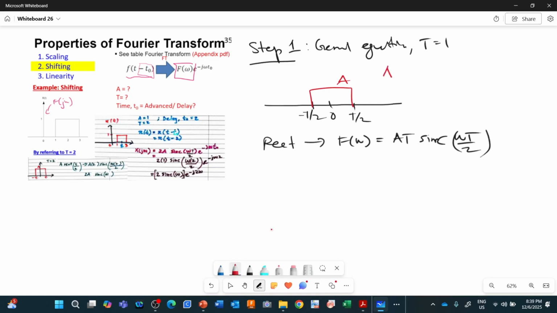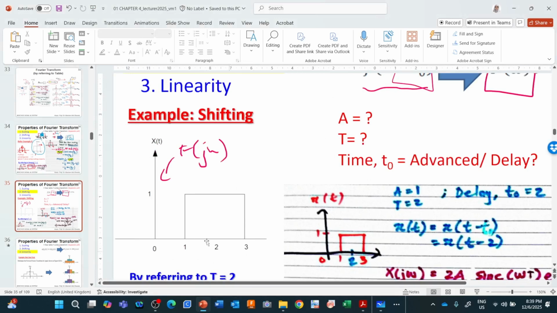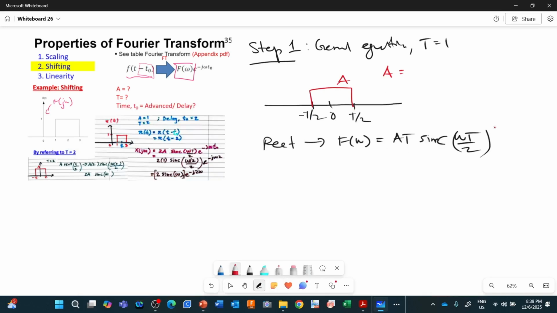So what is A? Before you write that, A equal to what? Refer to the original question. Original question means this one. In this question, what is the amplitude? 1. So basically, based on that, you're going to write amplitude is 1 and T is equal to, because general equation, then it's 1 also.